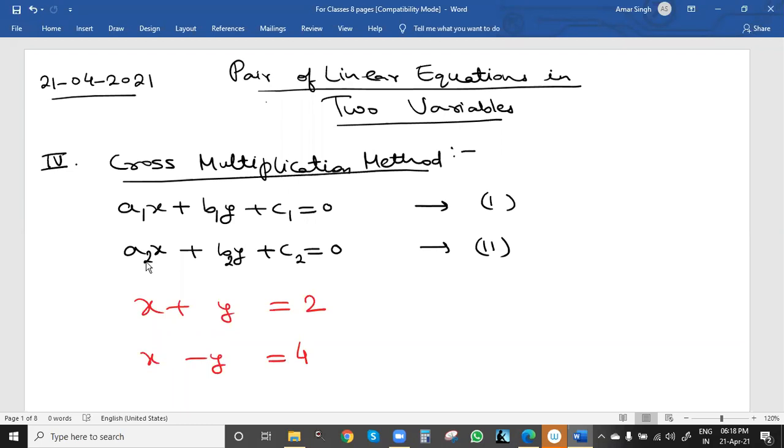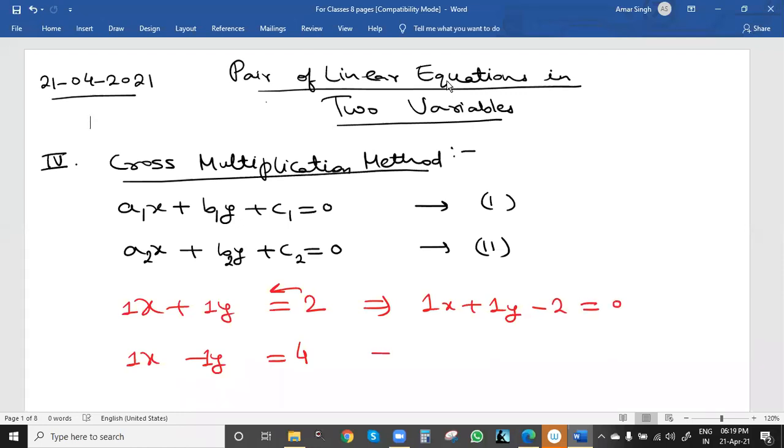Both these equations we can write in the standard form. So how do we write it? The first one is a1x. A1 is a constant value; here nothing is given, that means 1, and here also 1. So we can write 1x plus 1y. c1 is the constant term, so 2 can go to the left hand side: minus 2 equal to 0.